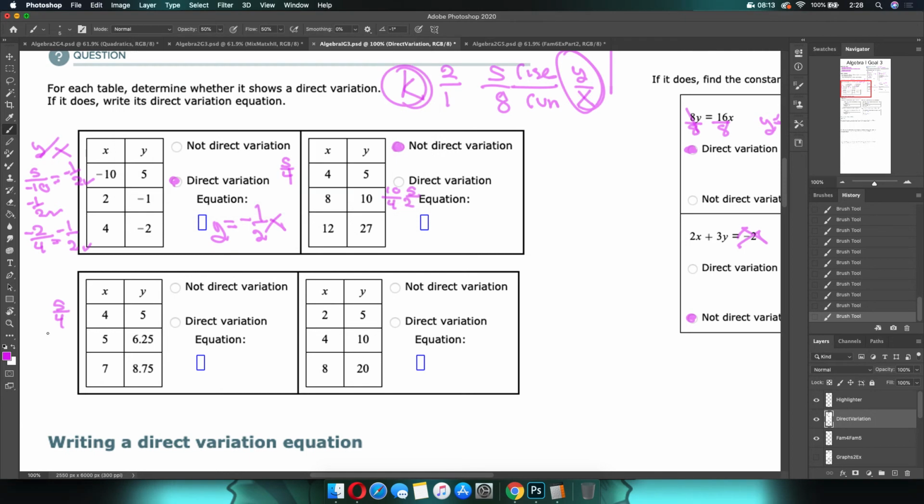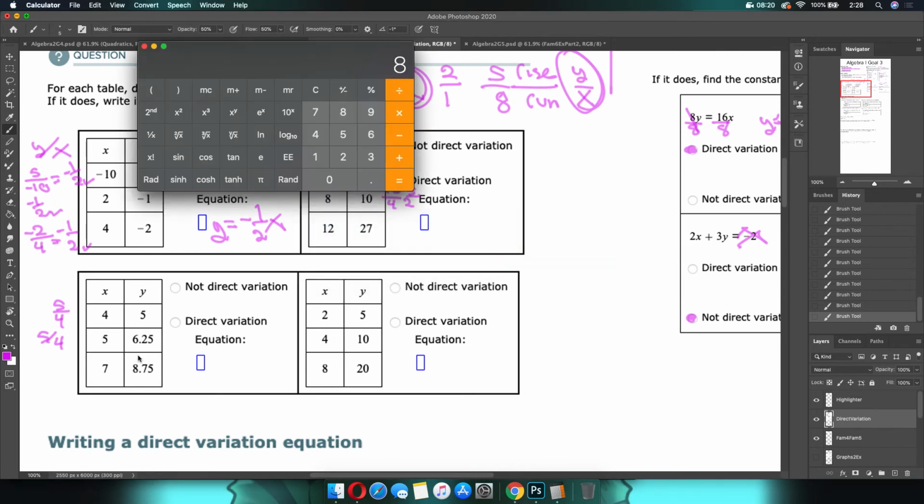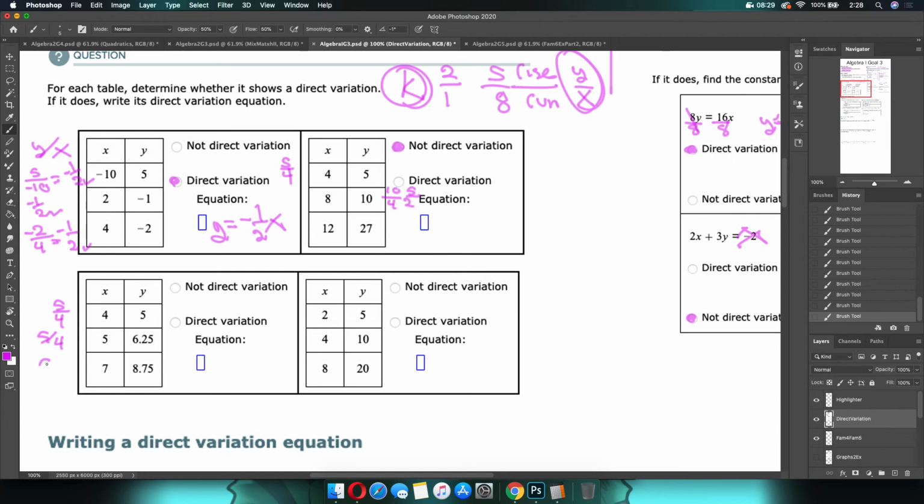So this is also 5/4, or if you prefer, it's 1.25. Next one, we have 8.75 divided by 7. Do we get the same number? We do. Okay, so this is also 5/4. So this is direct variation, y equals 5/4 x.